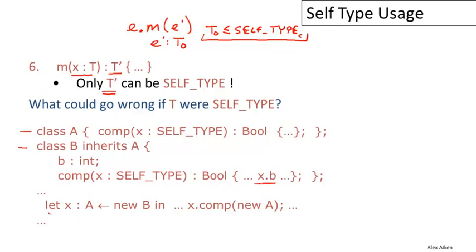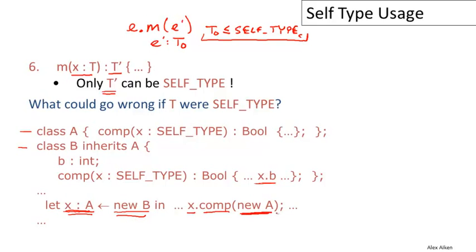Now let's take a look at what happens with a piece of code that uses these two classes. Here, x is declared to be of type A, but we're going to assign it something of type B. Notice that there's a gap between the static type, which will be A, and the dynamic type, which will be B, and that's actually key to the problem. Now we invoke the comp method on x, and we pass it a new A object.